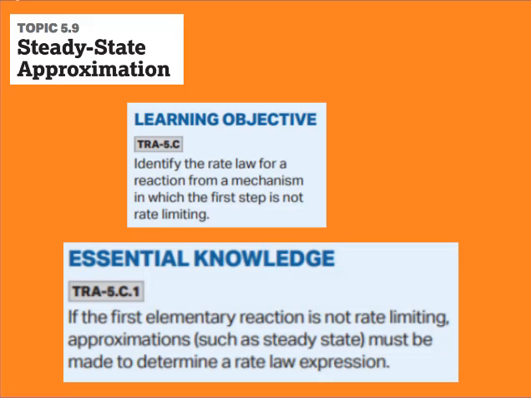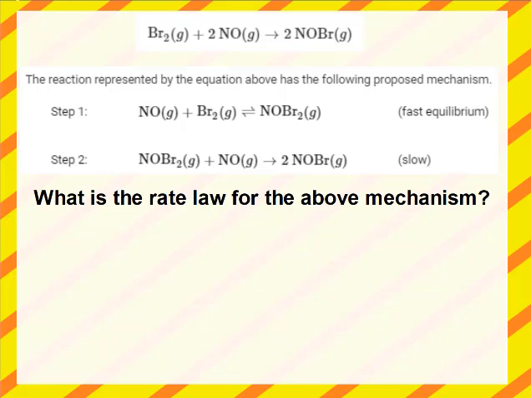So let's go ahead and write some more rate laws for mechanisms. In this case, your first step is not going to be the slow step. So there's two ways of doing it. So first, we're going to cross out our intermediates. And then we look at the slow step and anything that occurred before the slow step. And I'm going to look at the reactants of those.